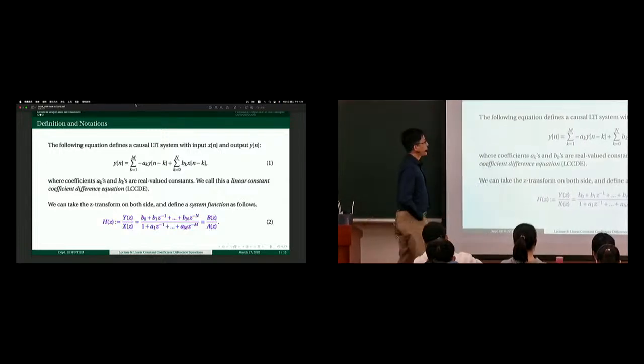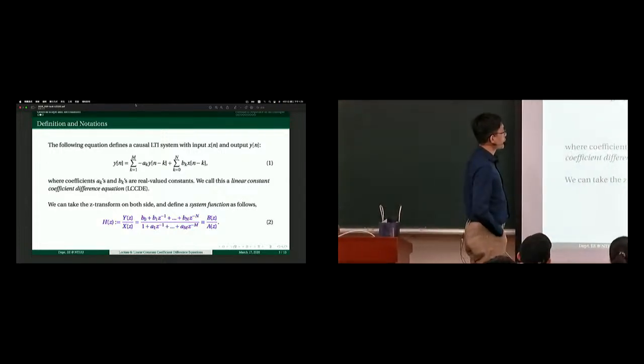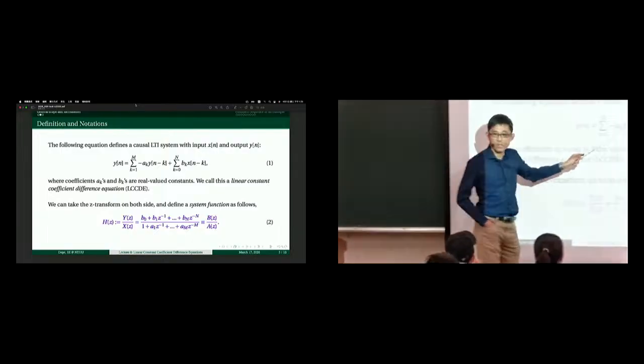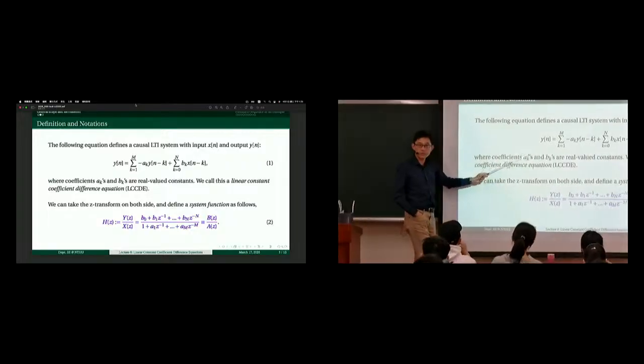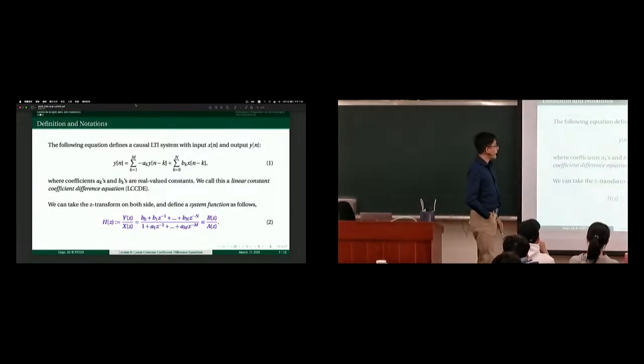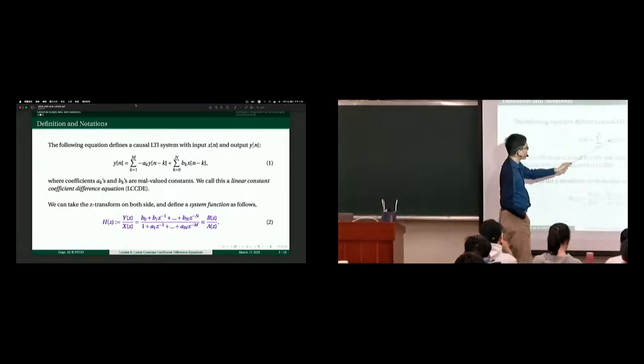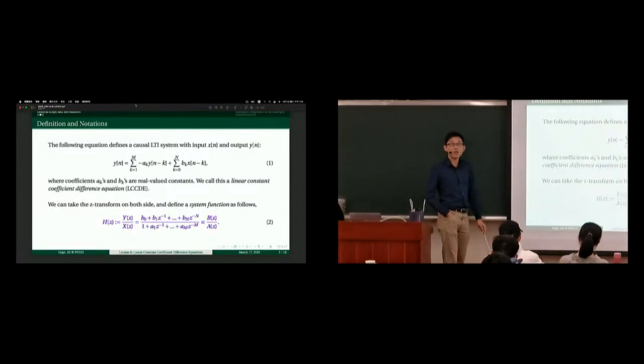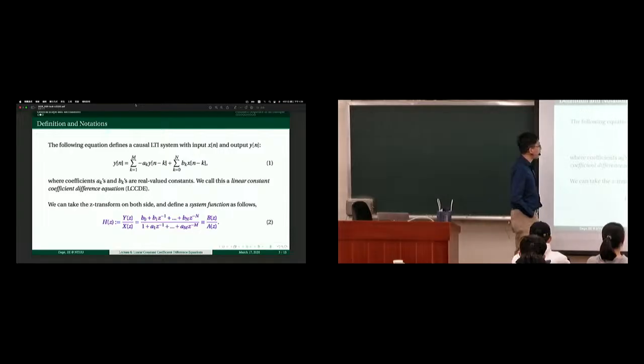This system is obviously linear because there's no square term involved. We don't have any square inside the equation, so this is definitely a linear system. We also assume that all the coefficients, a_k and b_k, 系数, are constant, and therefore we call this equation a linear constant coefficient difference equation.